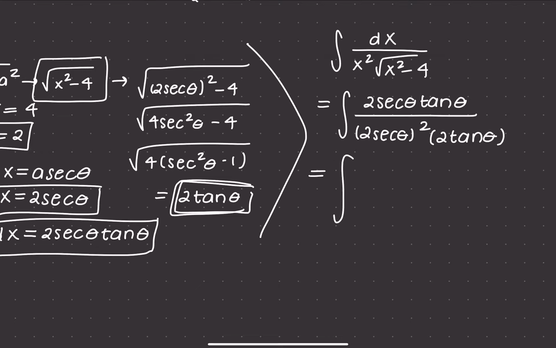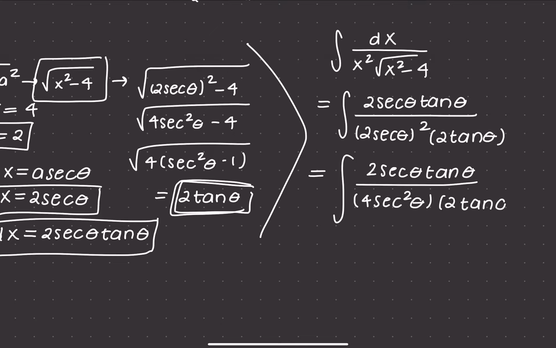If we expand it, we'll get 2 secant theta tan theta over 4 secant squared theta times 2 tan theta. We can start to cross off the similar terms and simplify this fraction.